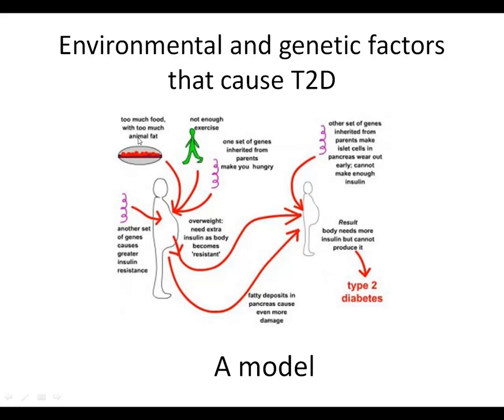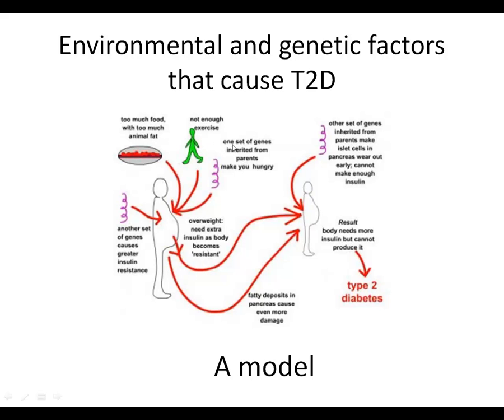So you start with 3 factors that make you overweight. Too much food, and in particular, too much animal fat, because animal fat is saturated fat, and also because it has a high caloric content. So our food has become more fatty.